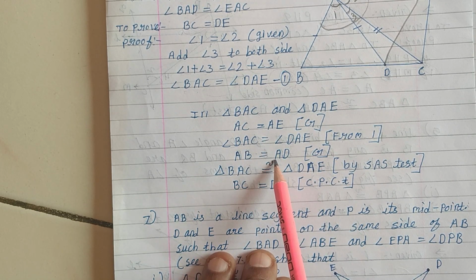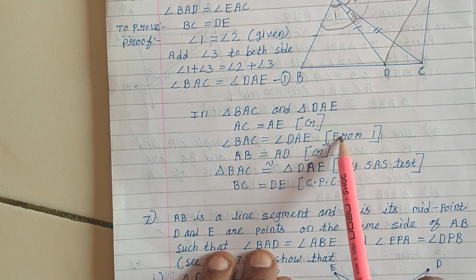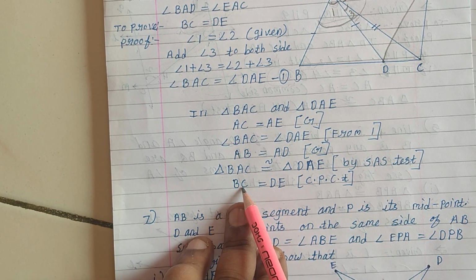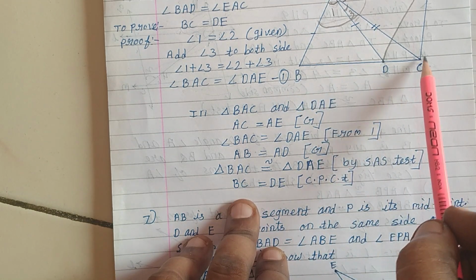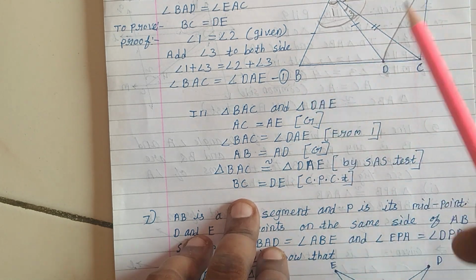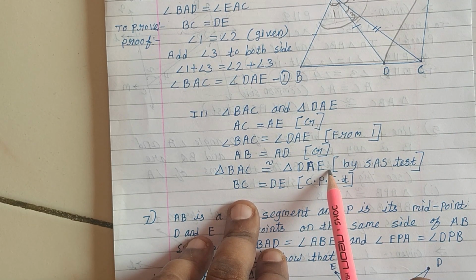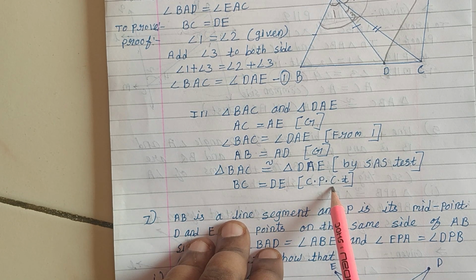We have shown 3 elements. That is why triangle BAC is congruent to triangle DAE by this side, angle, side, so by SAS test. And we have to actually show BC equal to DE. So BC and DE are nothing but corresponding sides of these two congruent triangles which we have shown just now as congruent. So BC equal to DE by CPCT.